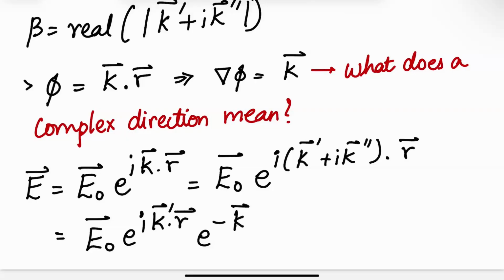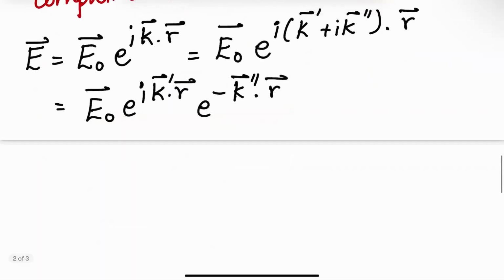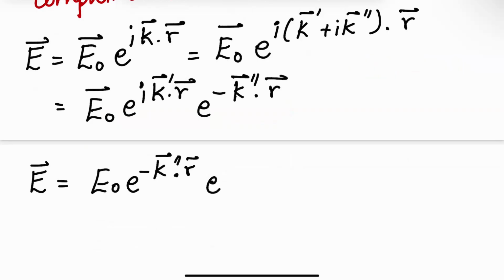If I rewrite that, I have E vector equal to E naught e to the minus k double prime dot r times e to the i k prime dot r, E naught hat. This is the polarization.